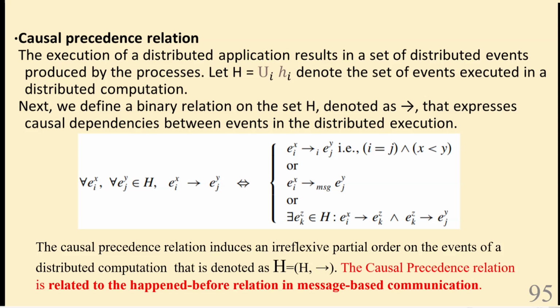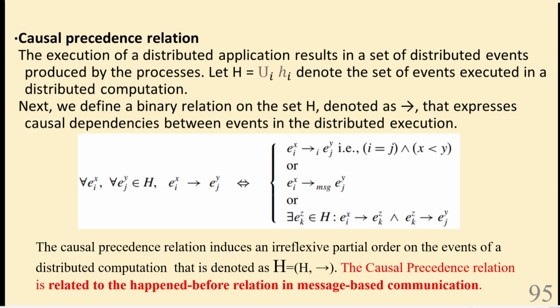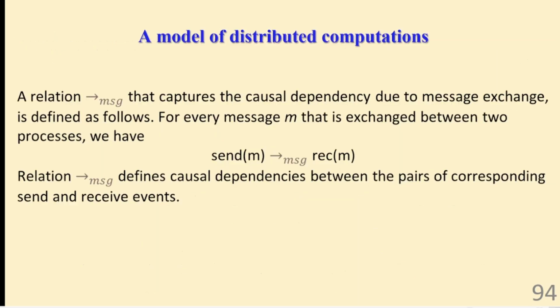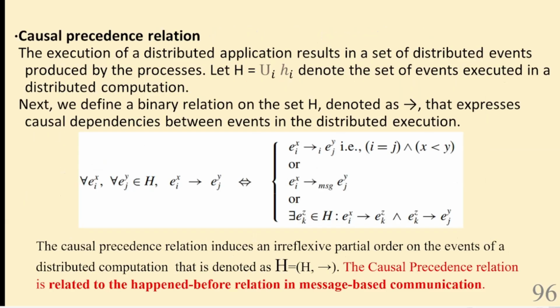And then we have the happened before relation. Now, this was introduced by Leslie Lamport. Just look at the figure over there in the box. We have causal dependency denoted by that arrow you can see, right? That is happened before.